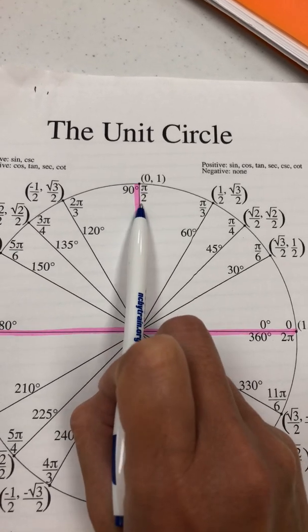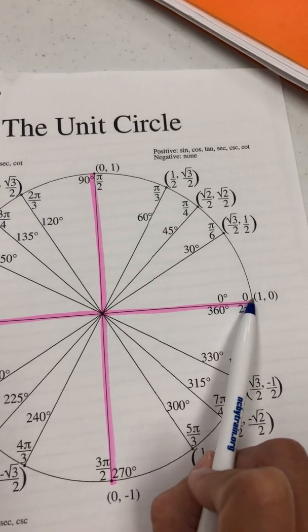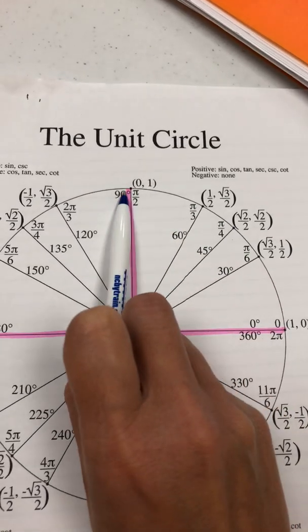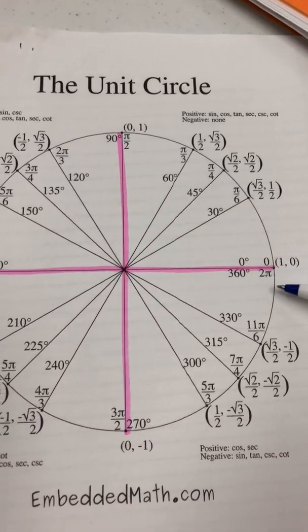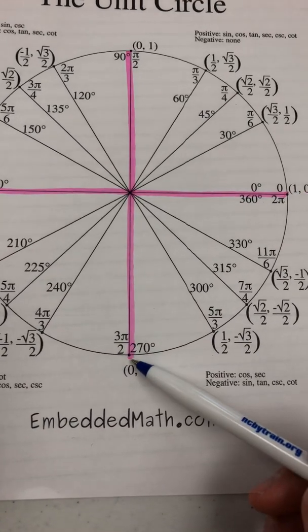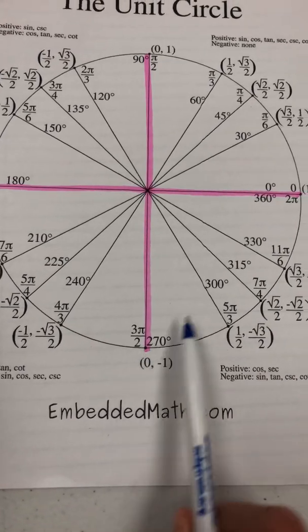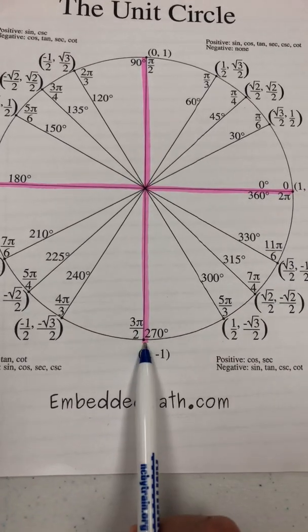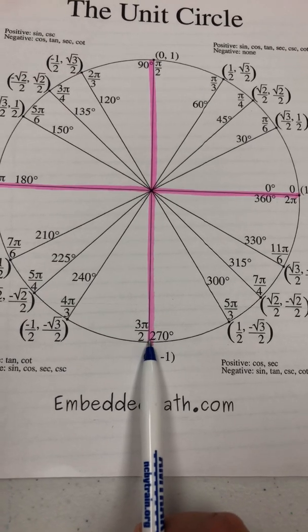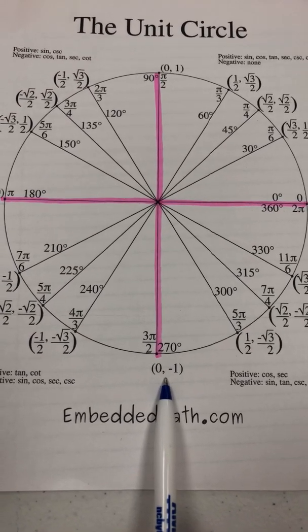But they wanted us to find the point at -pi/2. So instead of rotating 90 degrees this way, we're doing -90 degrees, which means we rotate this direction. The location of -pi/2 is the same thing as -90 degrees, which is going to be right here, and that ordered pair is going to be at 0, -1.